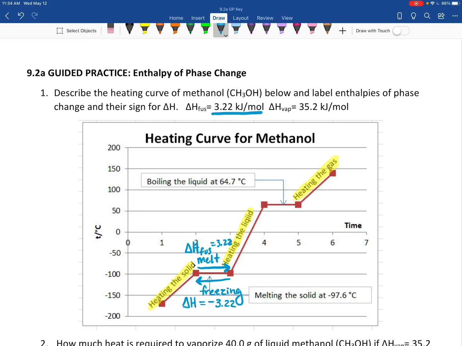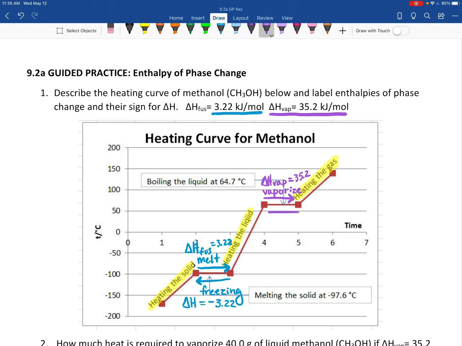Same thing happens when we take a look at the heat of vaporization. So we are evaporating or vaporizing as we move from left to right, from the liquid to the gas. And so the delta H of vaporization is going to be 35.2 kilojoules per mole.